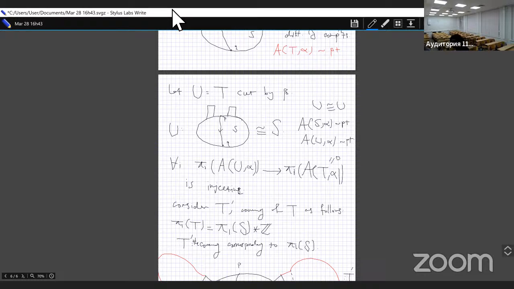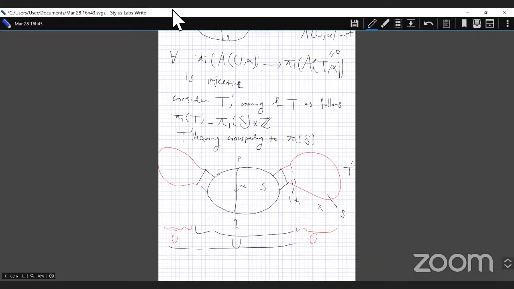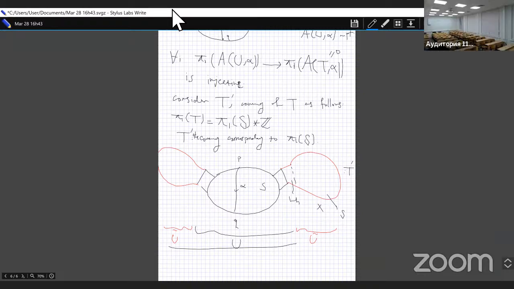Because we proved for T, because P and Q are different path components of T. I want to prove this. And for this, I considered a covering of T as follows: this picture. And that's what we do. Okay. Is it clear what the covering is?